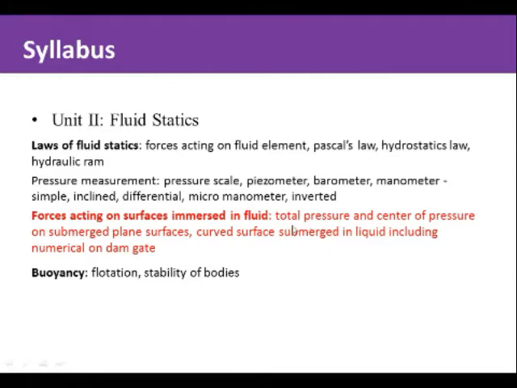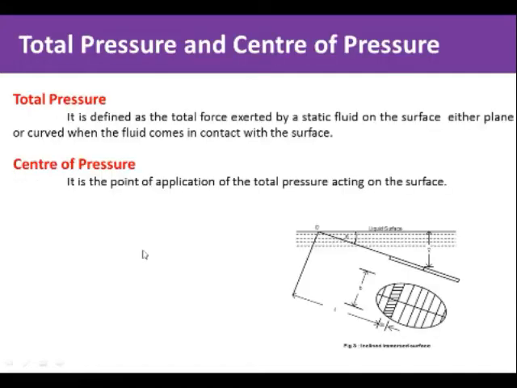Basically, we are going to see what is total pressure and center of pressure on any submerged plane, different types of planes, curved planes, and we are going to see the numericals on them. So first of all, we will start with total pressure.